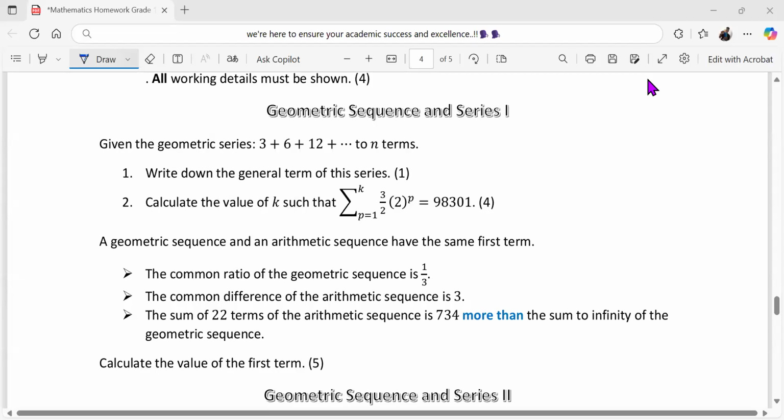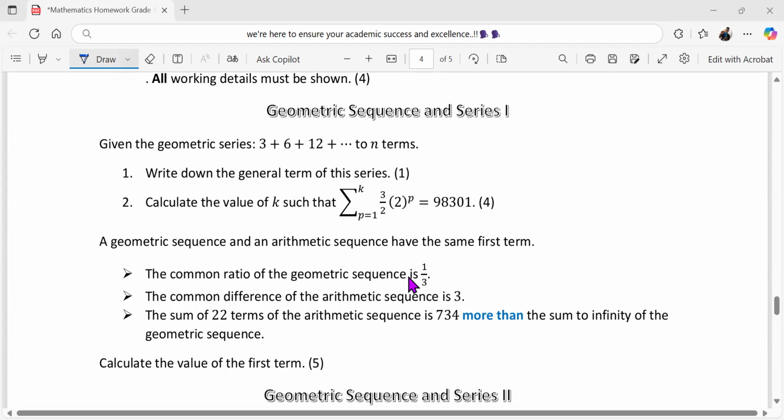So here they say we are given this geometric series 3, 6, 12, and it goes on to infinity actually. But here they say it goes on to a certain number of terms, which we don't really know. That's fine. Now, firstly, they say we need to write down the general term of this series.